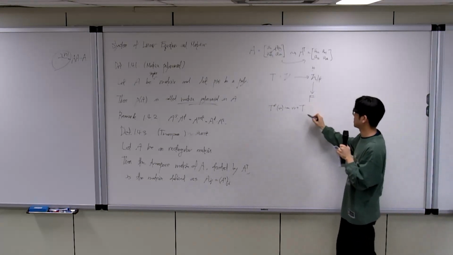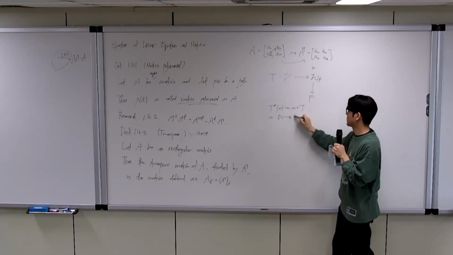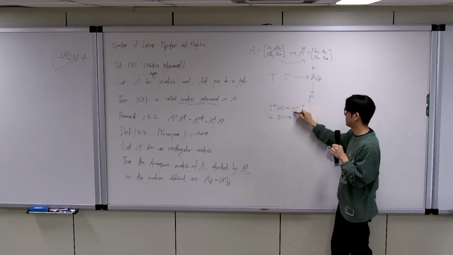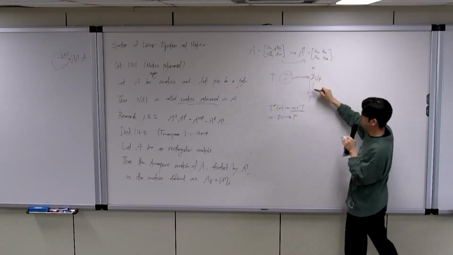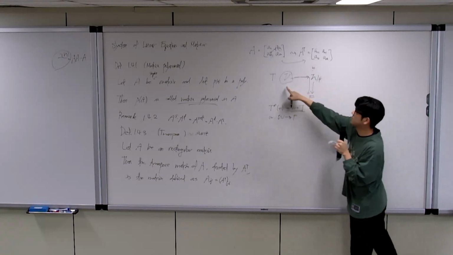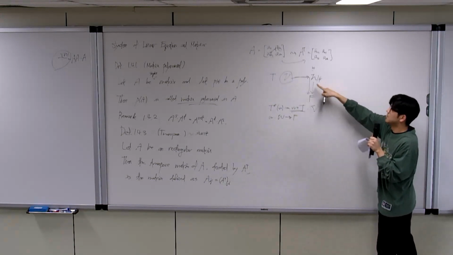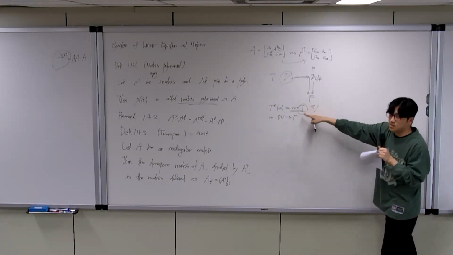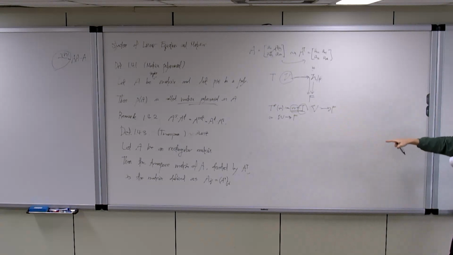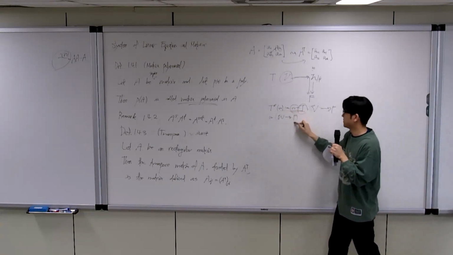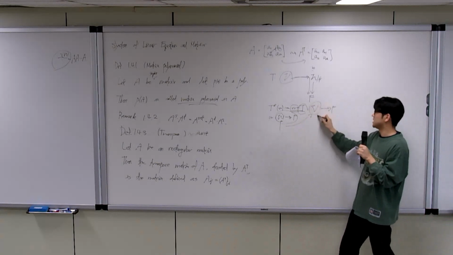W composed with T has domain V, because if it gets an element of V, then T will give an element of W, and that will give an element of F. So if we give some information of W, it will give information of V.